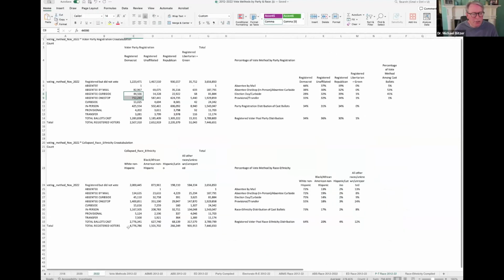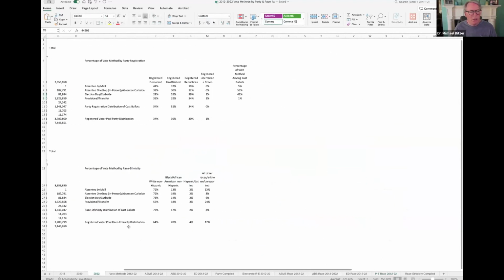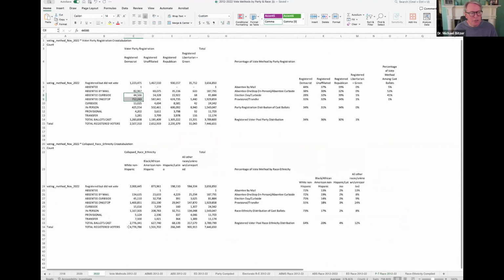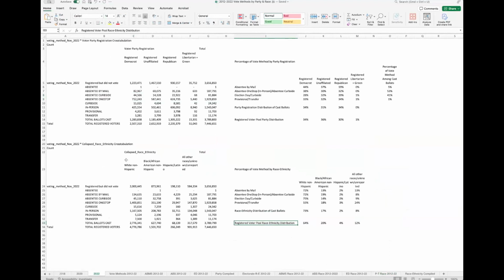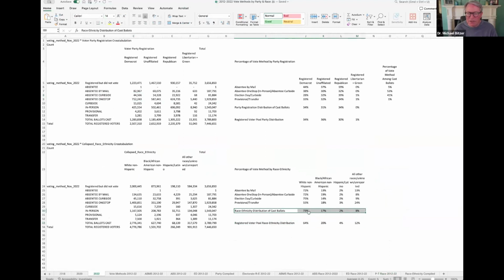So if we go into the 2022 spreadsheet, the worksheet, notice here when I'm breaking down by race and ethnicity, the registered voter pool race and ethnic distribution is 64% white, but of those casting all ballots, 73%.